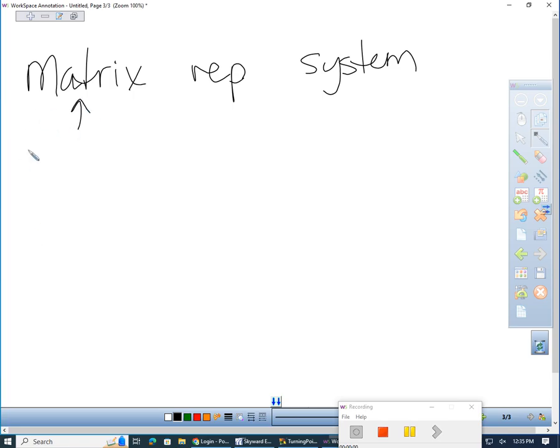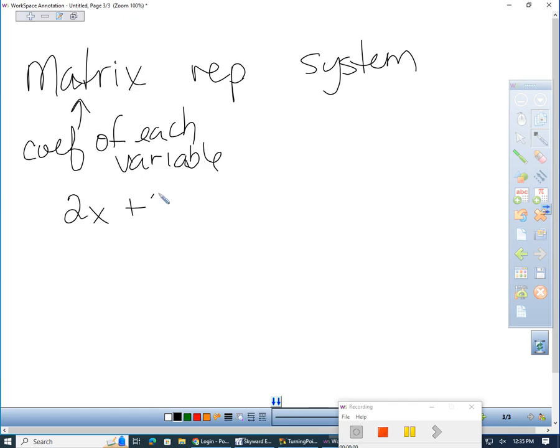We are going to use the coefficients of each variable. So let's say I have a system, 2x plus 3y equals 6 and 5x minus 9y equals 2.